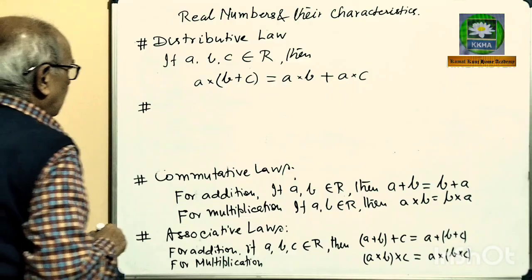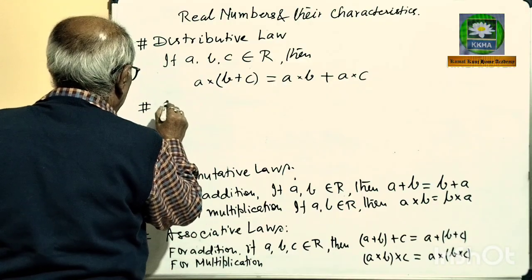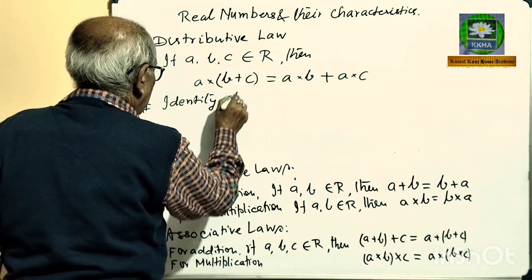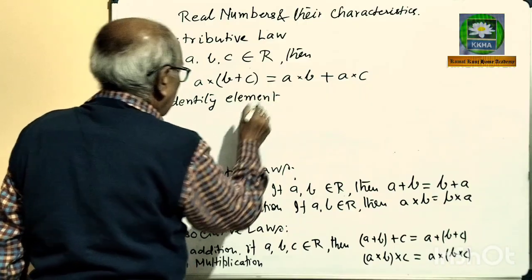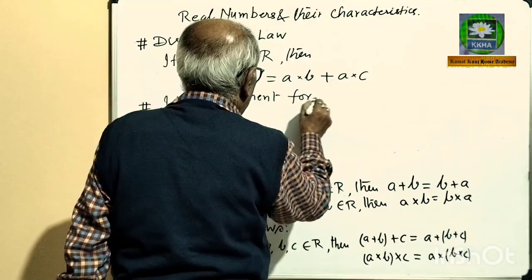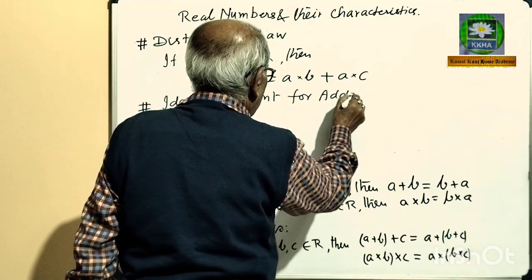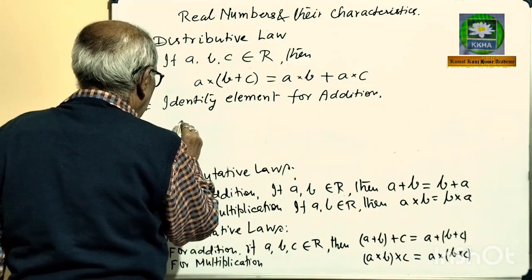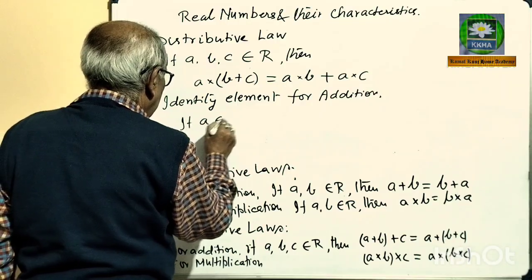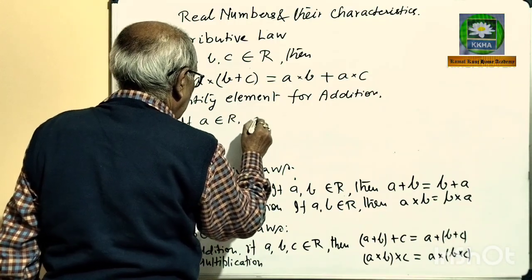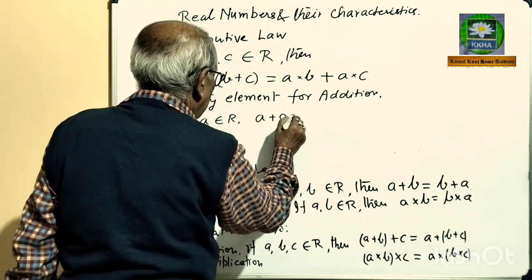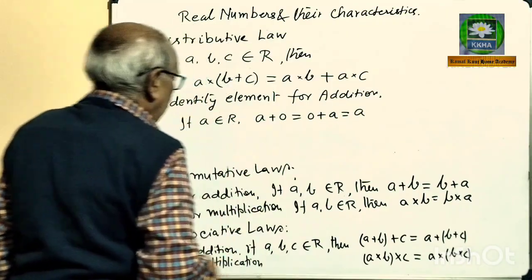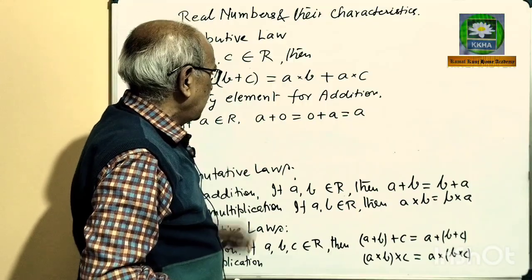Next is identity element for addition. For addition, if A belongs to R, then A plus 0 is equal to 0 plus A equal to A. So here 0 is called identity element for addition.